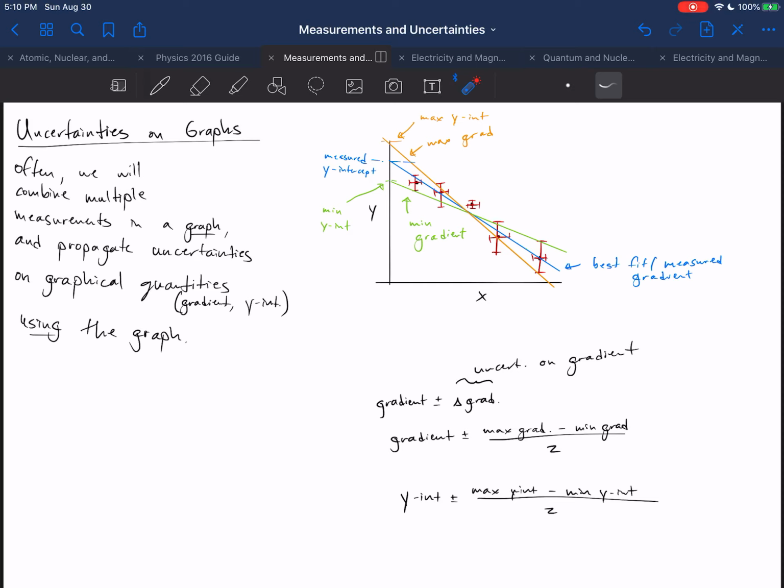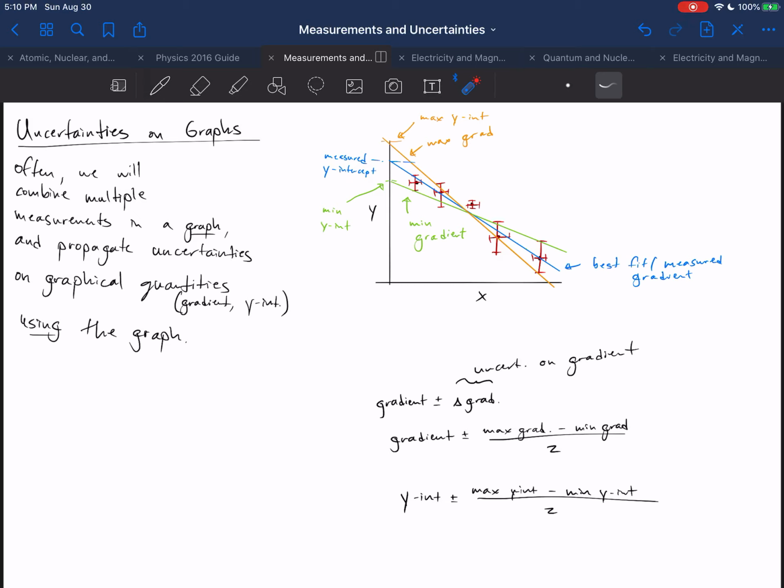Notice that to put these in on Excel or on Desmos is kind of a pain, and we'll get to the practical realities of that a little bit later on. But if you're tested on this in an IB question, they literally expect you to take a ruler and draw a maximum best fit line and a minimum best fit line by hand, ideally within the error bars if the error bars are appropriate for that.